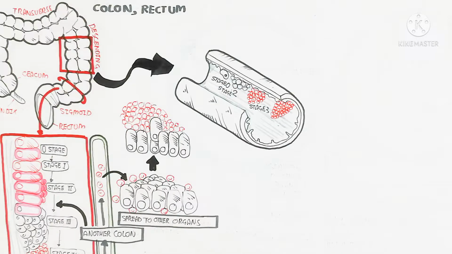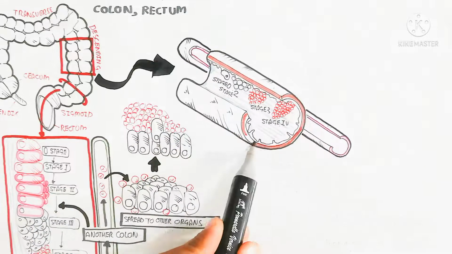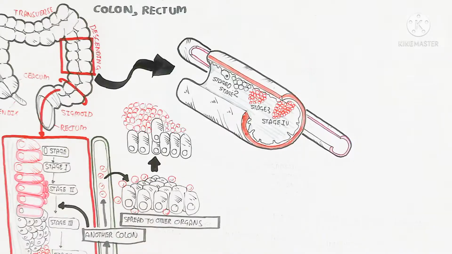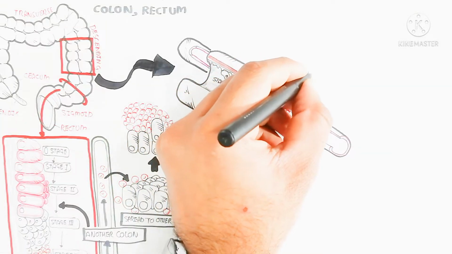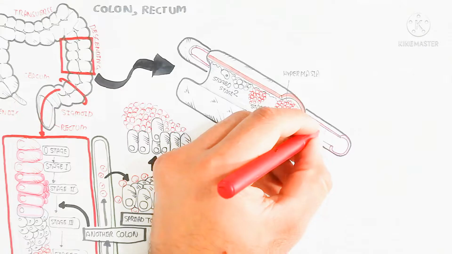After this fourth stage comes hyperplasia. Hyperplasia is the detachment of some cells to go into the blood circulatory system. So here is the colon, and inside is the blood vessel.